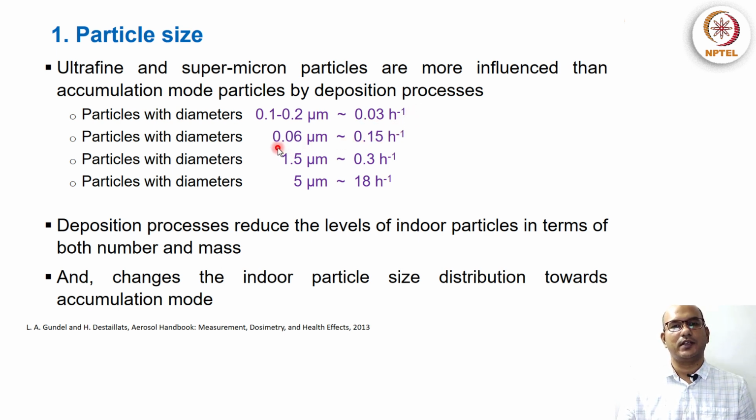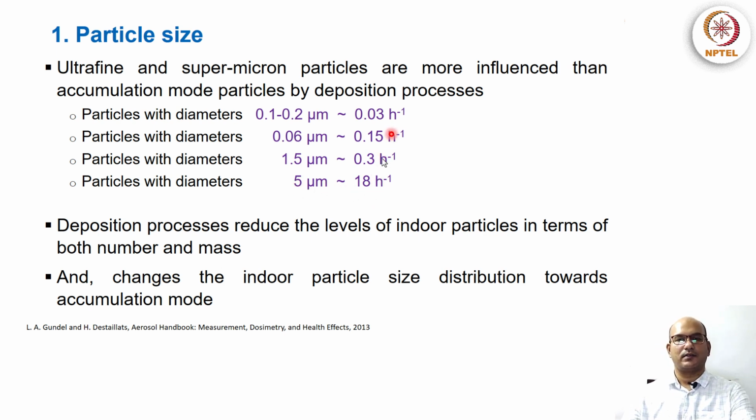When we go to the ultrafine, less than 0.1, more towards 0.05, the deposition rate coefficient is 5 times higher, 0.15. And when we go to coarser particles, it is even higher. For 1.5 it is 0.3, so 10 times higher than the accumulation mode, 2 times higher than the ultrafine. And when we are looking at 5 micrometer, it is just very high, 18 per hour.